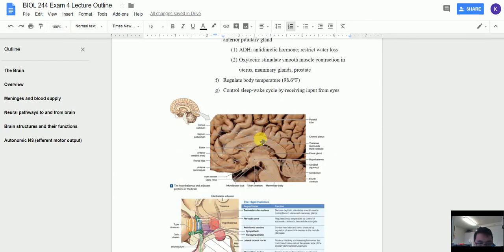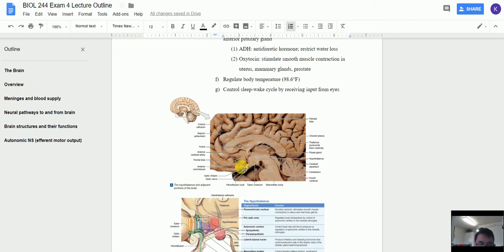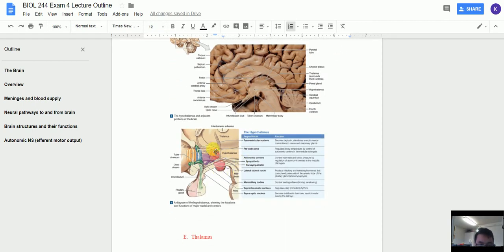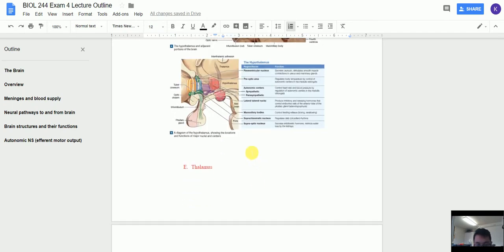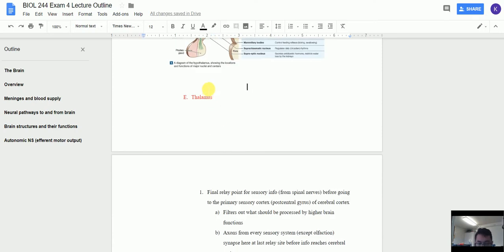Here's a picture, a better view of your hypothalamus and your pineal gland. The hypothalamus, with the thalamus above it. The pituitary gland, posterior and anterior. Then on to the thalamus.